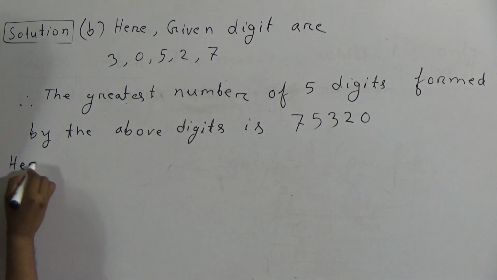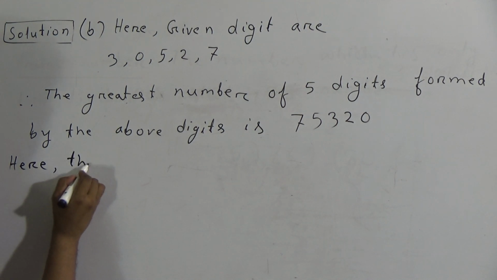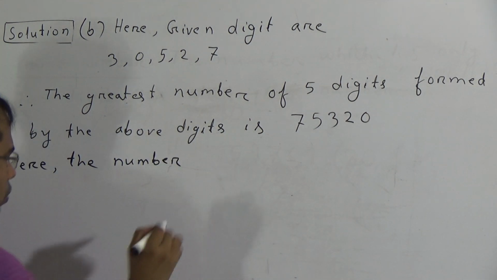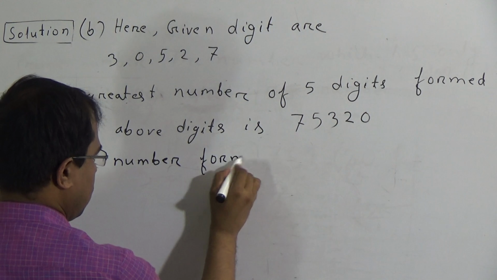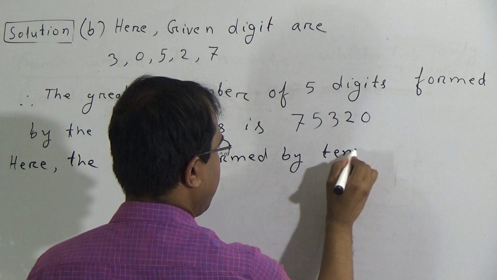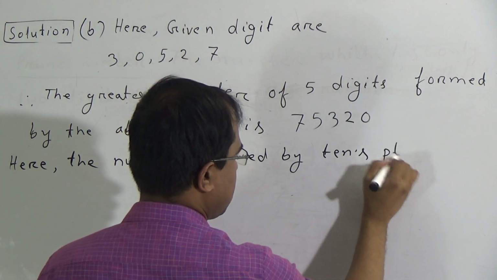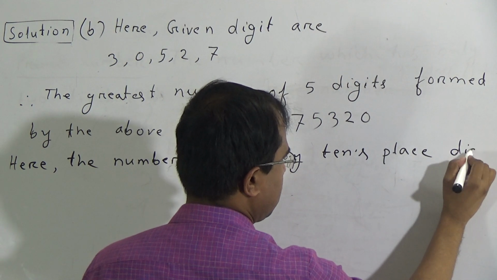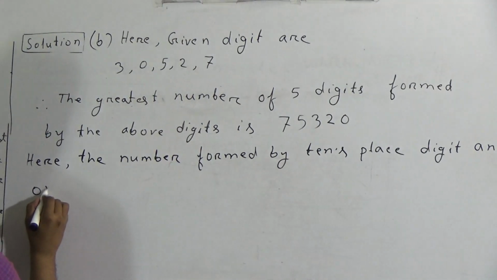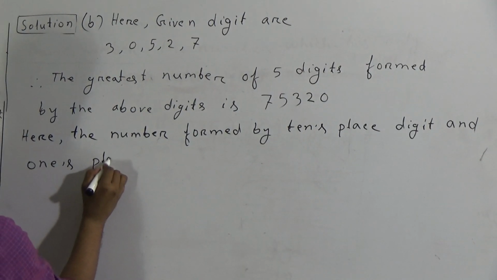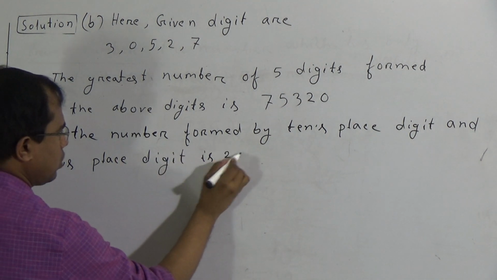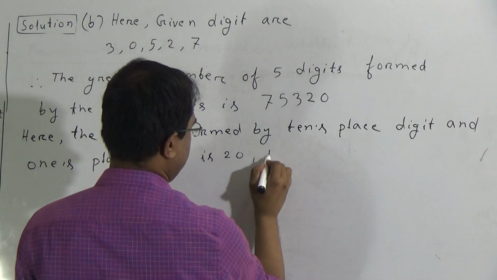Here the number formed by the tens place digit and ones place digit is 20, which is divisible by 4.